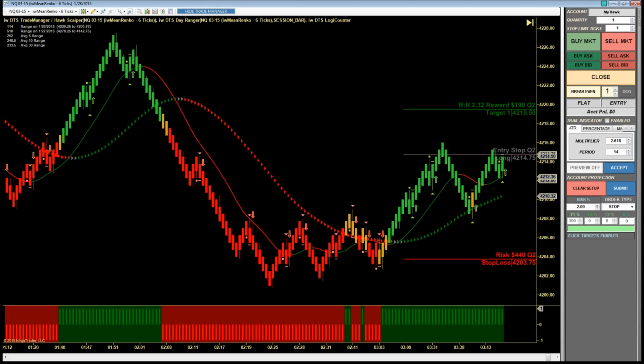Okay. I'm just getting one contract here. Let's see if I can get it up. There we go. If I run the stop way down here, I still have $440 at risk. So notice, irrespective of where I place my stop, my risk amount never changes.